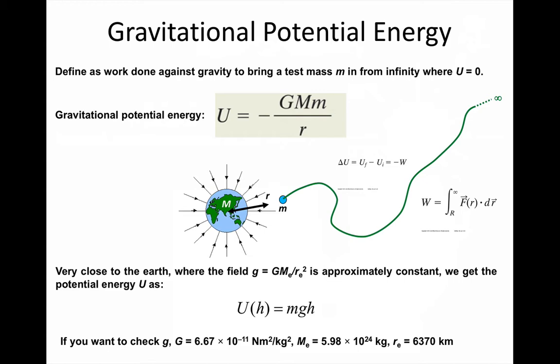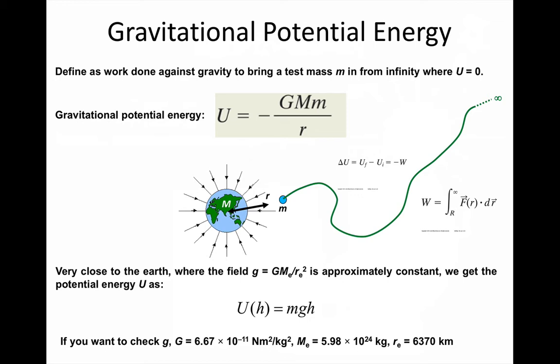However, since the force is zero out there, that means no work is being done, so potential energy is zero at infinity. Since coming closer to a mass lowers your potential energy, all potential energies near objects are negative. And the closer you get to a heavy mass, the larger a negative value your potential energy will have, because it would take more work to pull you away.